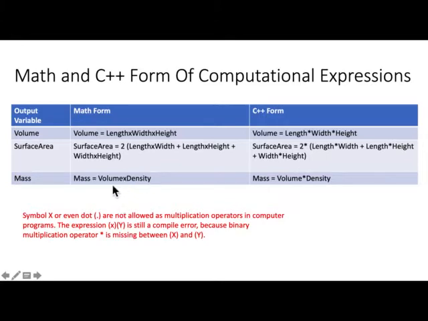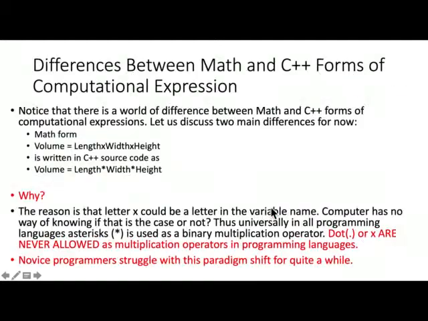And this one is of course pretty simple. Mass is volume into density, mass is volume asterisk density. So that's the way to convert math form into C++ form. And you're expected to demo that in the table for IOAA for your assignment 1 and subsequent assignments. We're going to talk about this issue a little bit more in the next slide.